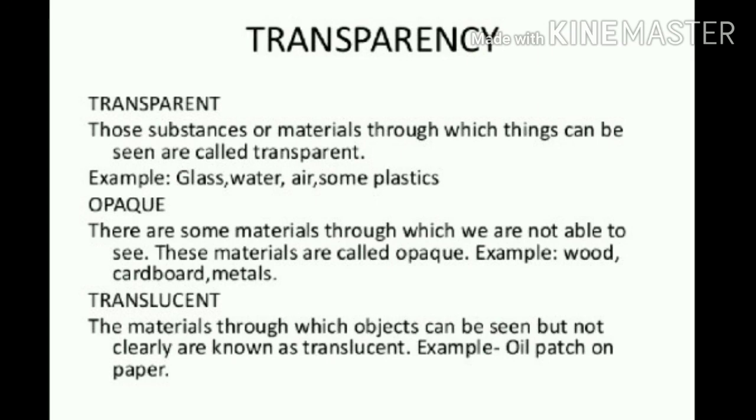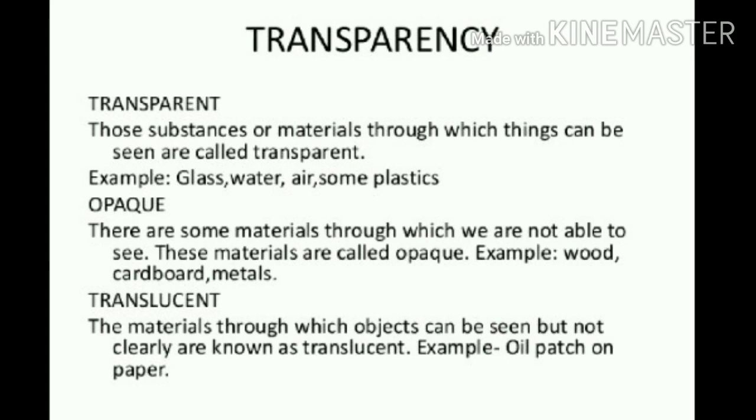You are aware that through some plastic we are able to see. Suppose the outer cover of your books is wrapped with a thin plastic coating. Although it is coated, we are able to see what is written on the first page because it is transparent.